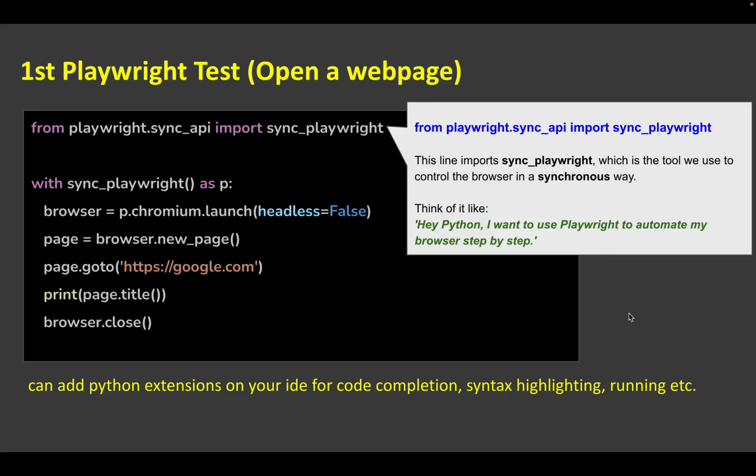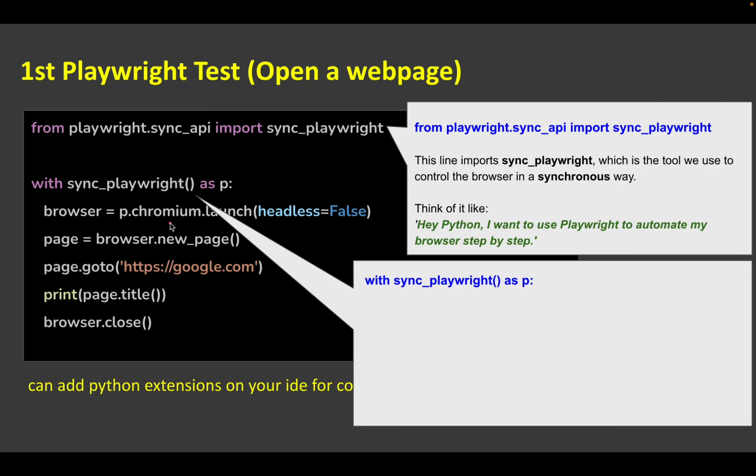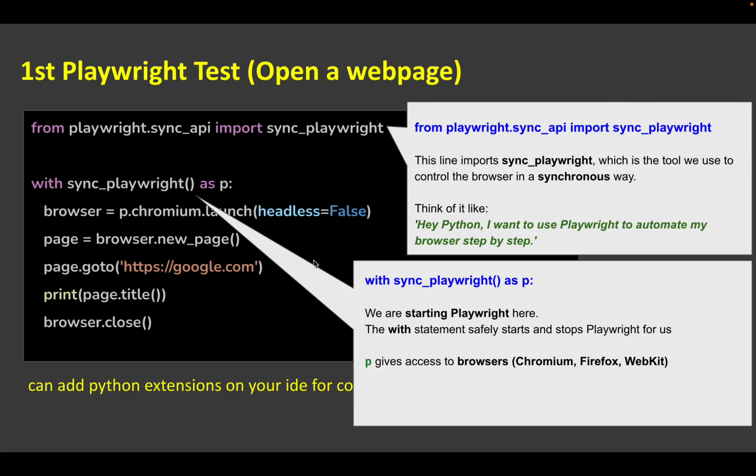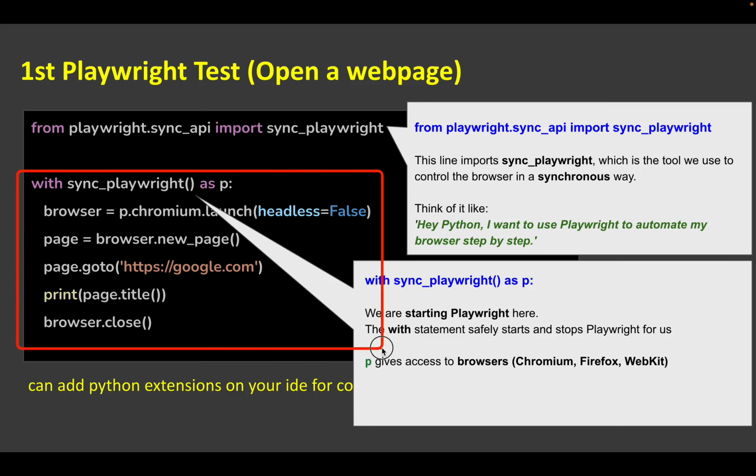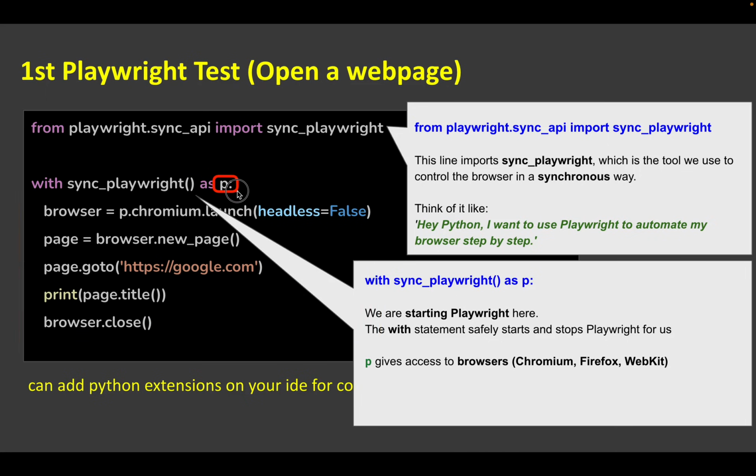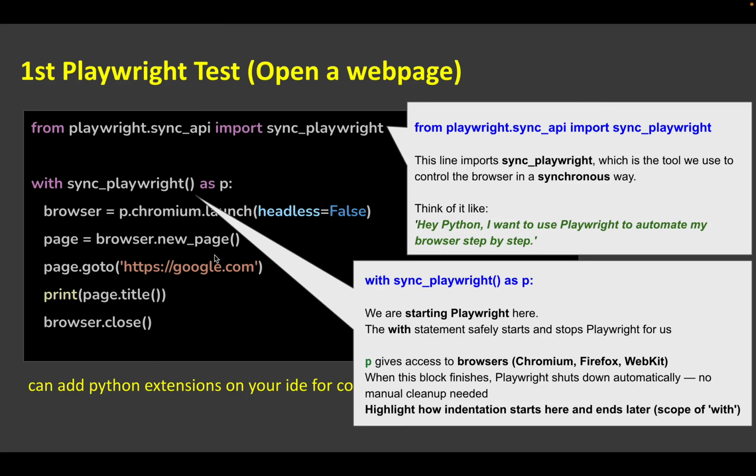Then the second line, with sync_playwright() as p. This block is starting Playwright here, and in the with block we will write all our code, and this p gives access to the browsers, so we can now use any browser. Also, when this block is finished, it will auto close the browser as well. It will do the cleanup as well. So this is what it means.